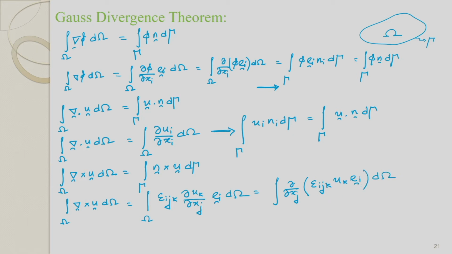Again epsilon_ijk and e_i are not functions of coordinate x. So, we can write this, and in the next step using Gauss divergence theorem, n_j, because it is x_j. So, n_j.